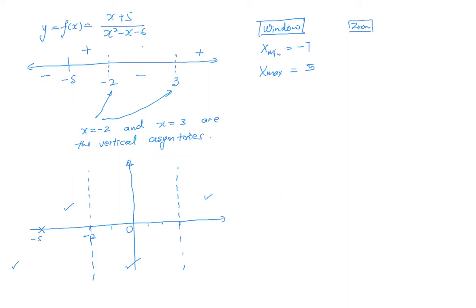Am I right? Yes. So you do a Zoom fit. So that's why, before you even use the graphic calculator, the sign diagram is very important. So you got the graph that goes like this.